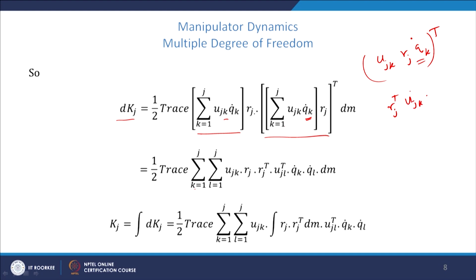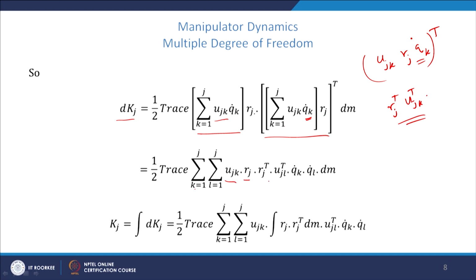U j k transpose. So by using that transpose property, we can write this product as double summation k equal to 1 to j and L equal to 1 to j of U j k, and here R j is as it is.